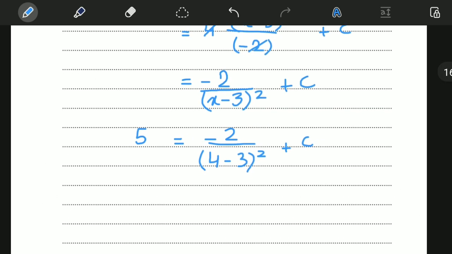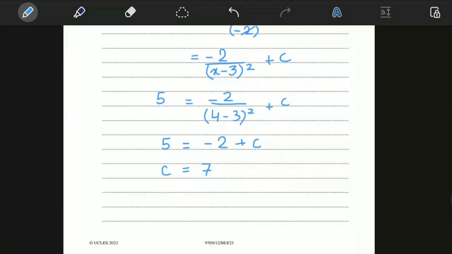Simplifying this further, minus 2 plus c equals 5. c is equal to 7. So your equation of the curve is y equals minus 2 over (x minus 3) whole square plus 7.